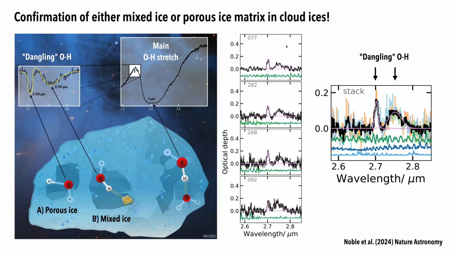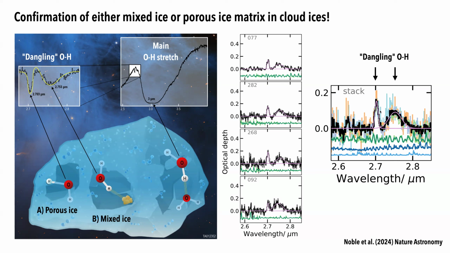And we see these in a large number of the molecular cloud spectra, and it's very clearly here. So we think it's likely that this is a signature of the mixed ices that we saw in the profile fits earlier.